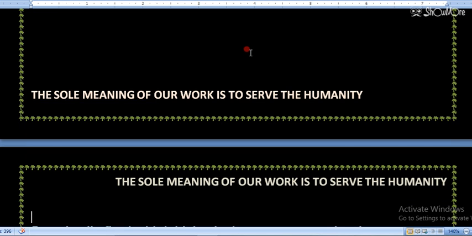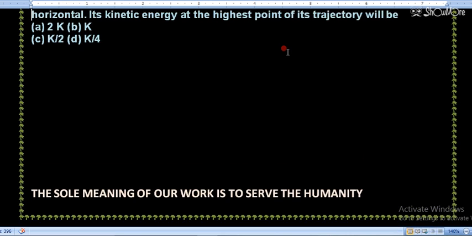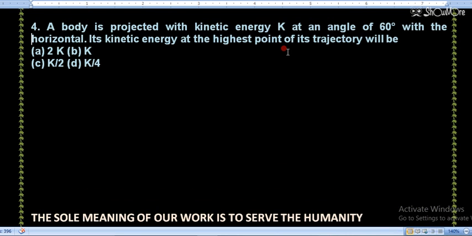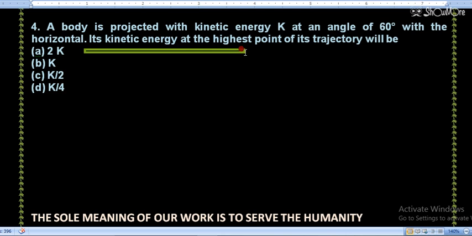So now we are going to discuss question number 4. The question is saying: a body is projected with kinetic energy K at an angle of 60 degrees with the horizontal. Its kinetic energy at the highest point of its trajectory will be. So this is a very important question. You can also try this question, because I think you can try.